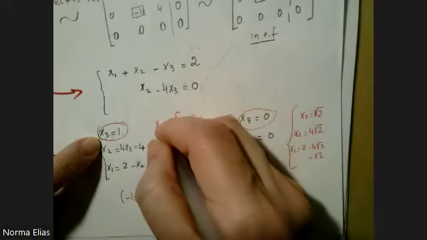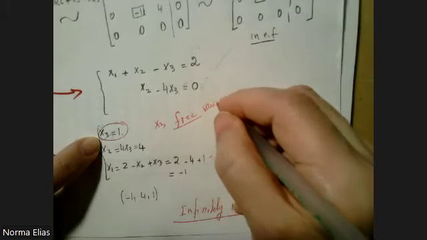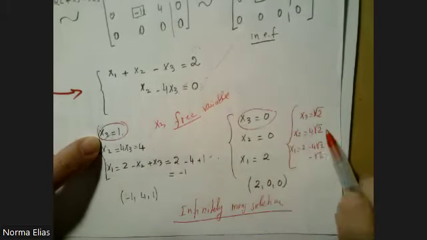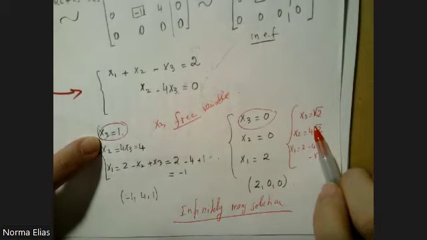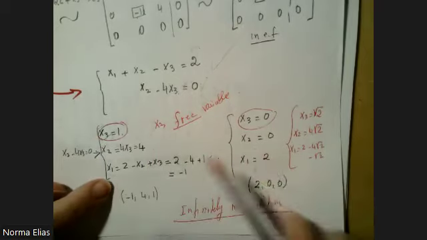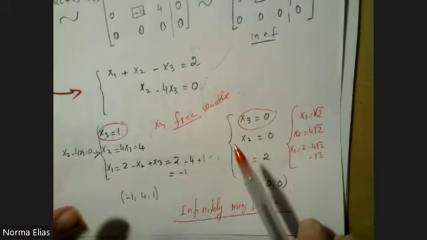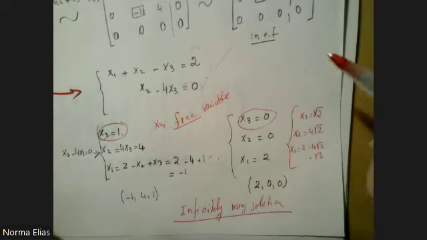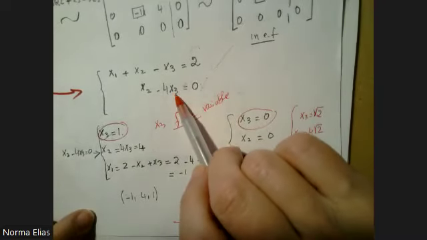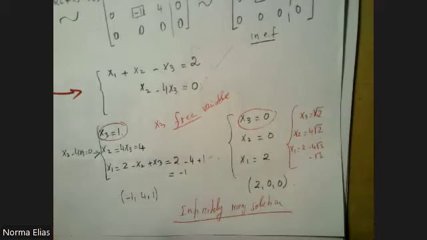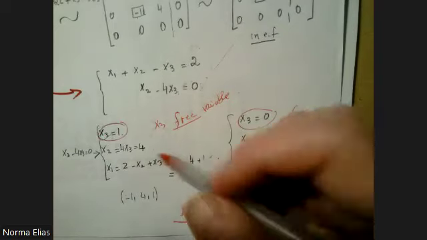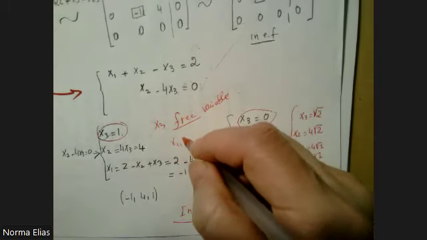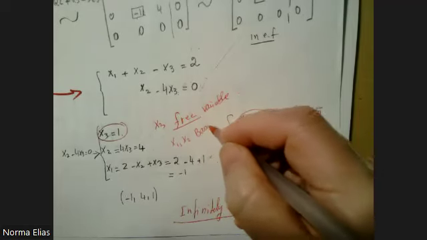We call it a free variable because it can take every value it wants. x1 and x2 will be called basic variables, or sometimes constrained variables. Constrained because they are constrained by the value of x3. Some books use the word constrained because they cannot take any value they want. This book is calling them basic variables. So they are calling x1, x2 basic variables.